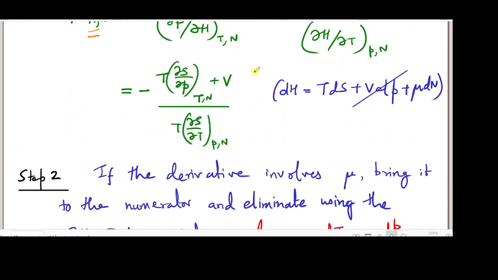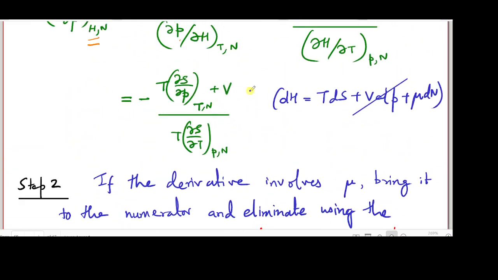So take a look at our statement here. We have reduced our del T del P at constant H, N, the expression for mu JT, to a ratio of two terms, each of which involve derivatives of S. But notice now that in the denominator, we have a del S del T, something which cannot be reduced using Maxwell's relations.